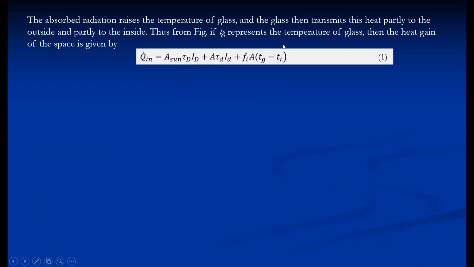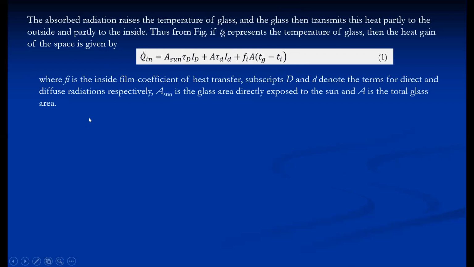The third component is the heat transmitted by conduction or convection from the inner surface, that is Fi times A times Tg minus Ti. Fi is the inside film coefficient of heat transfer, and A is the area. So there are three components of the heat gain through this fenestration structure.